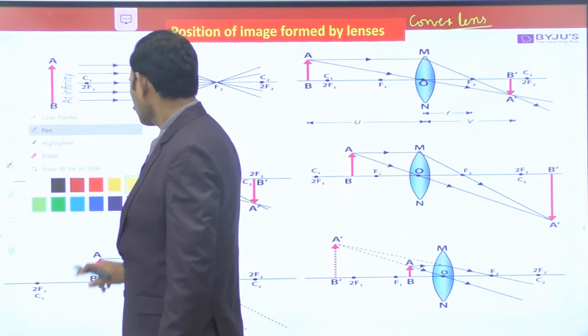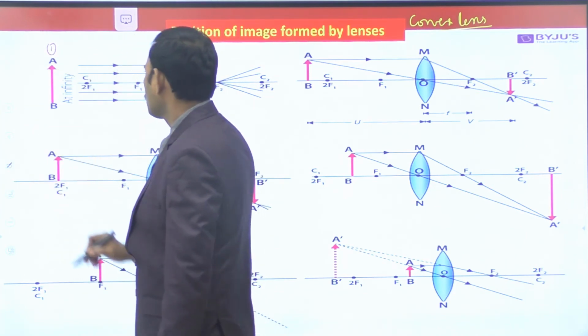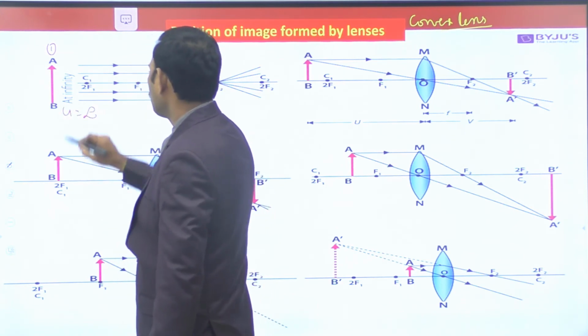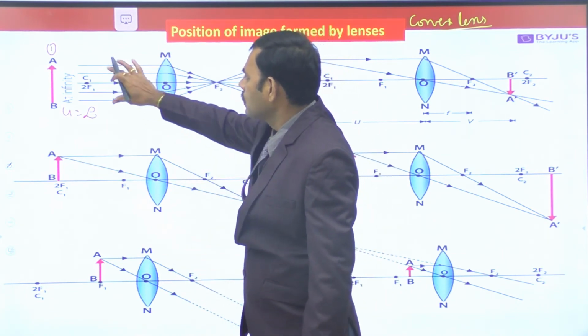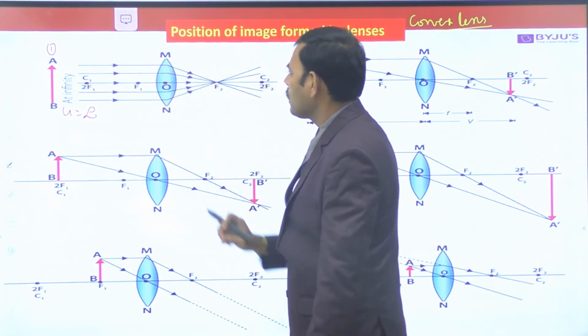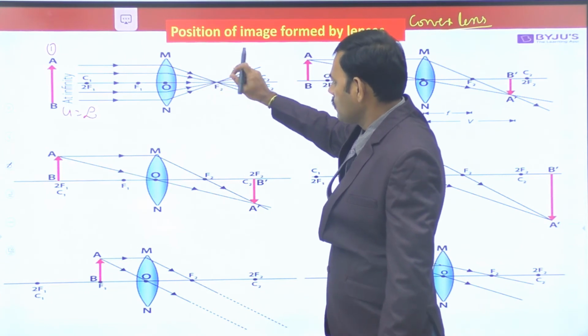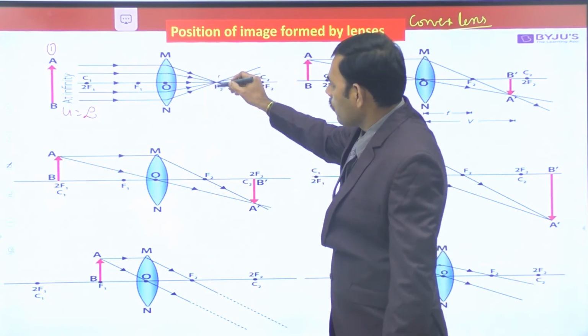Let this be case 1, in which the object is at infinity. From the object kept at infinity, paraxial light rays come parallel to the principal axis, incident on the convex lens, and they converge to a point beyond the lens, and that point is the focus.